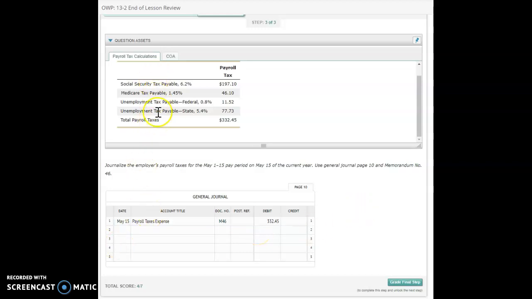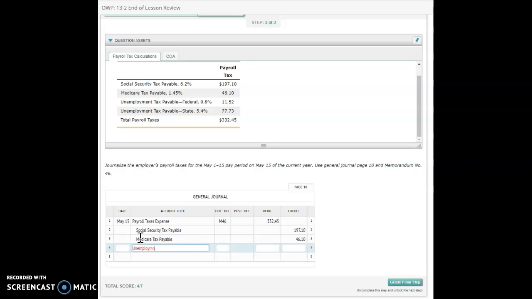Okay, and then I'm just going to go in order here. So I know it's a payable account. The rest of these are payable because they are liabilities. So Social Security tax payable, and it's a credit of $197.10. Medicare tax payable, and that is a credit of $46.10.